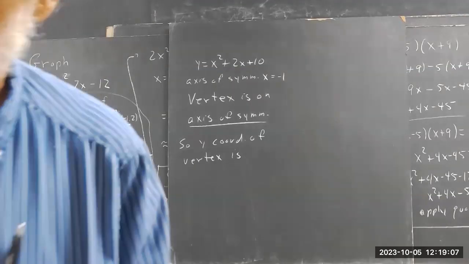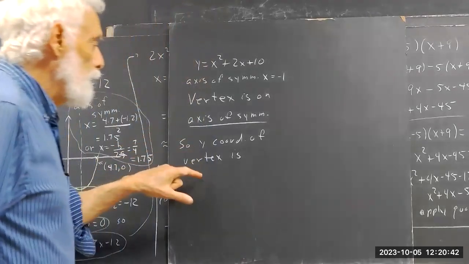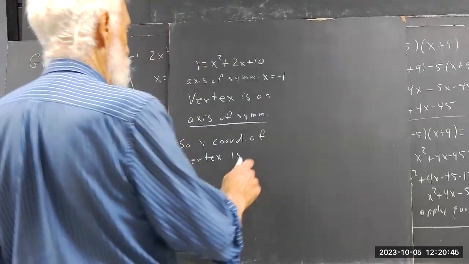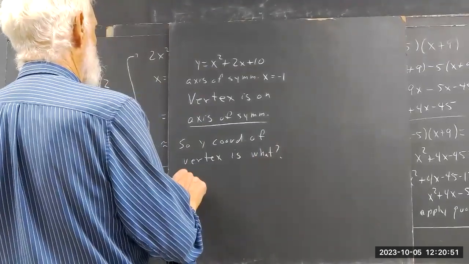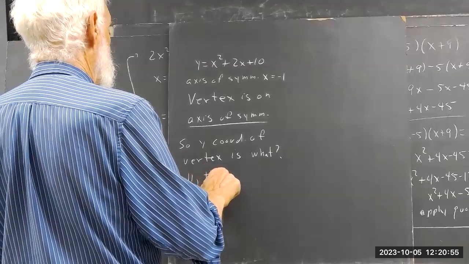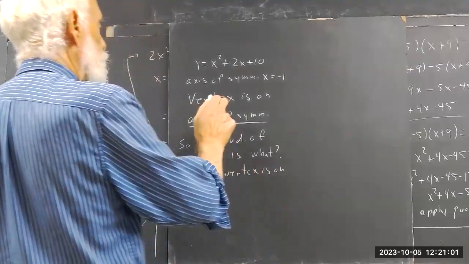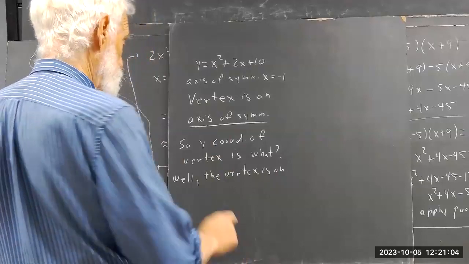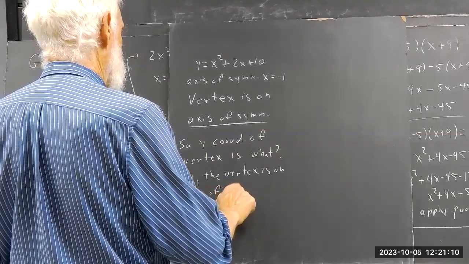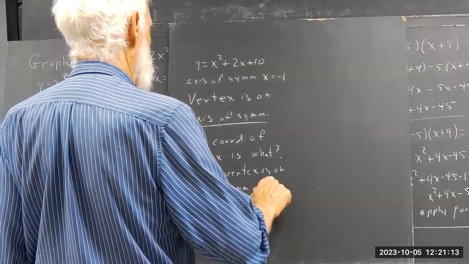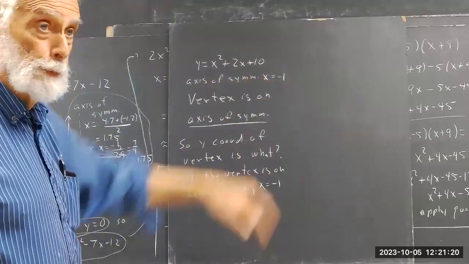How are you going to find it? The vertex is on the axis of symmetry, and the axis of symmetry is x equals -1.